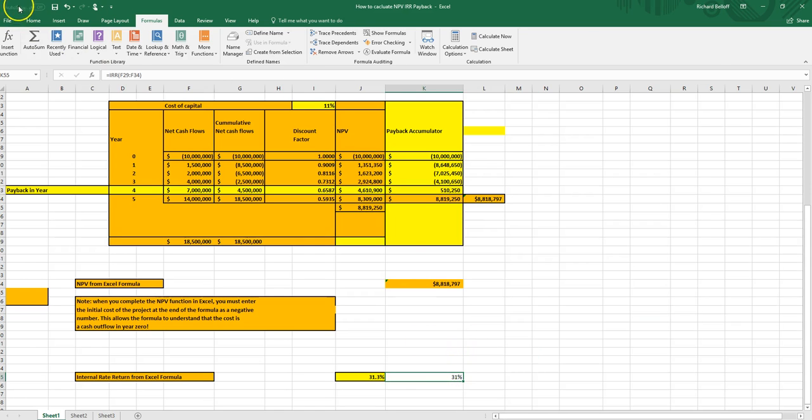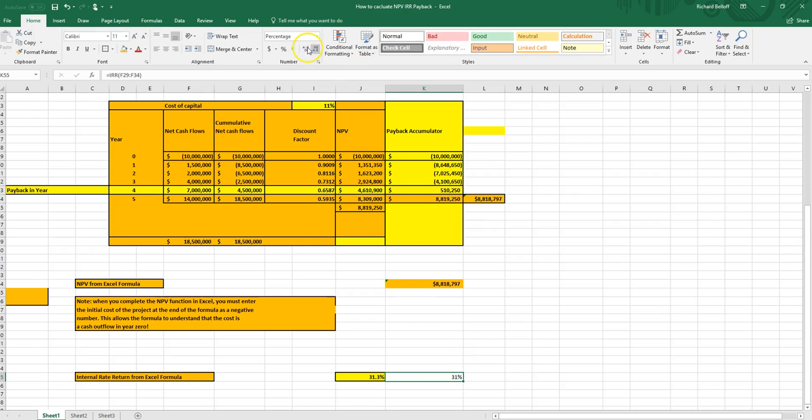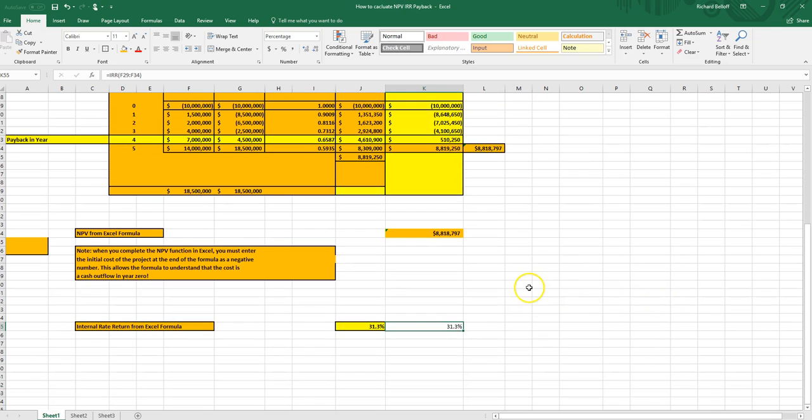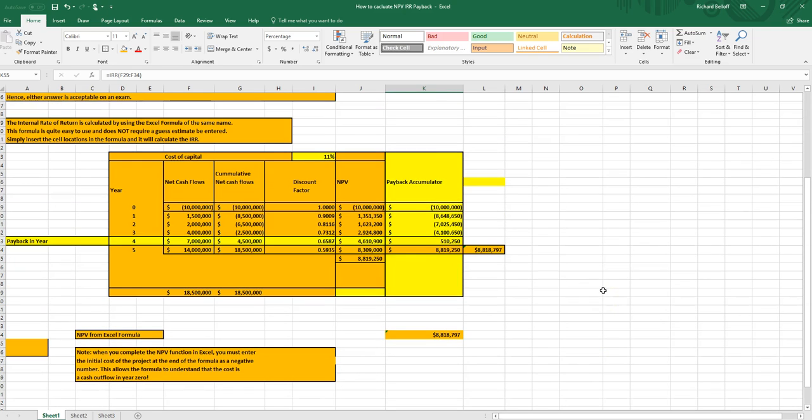You see now, it's not the same because I have not changed the number of decimal places, if you will. So in any event, this is the way that you can use the Excel functions and the table in the book to calculate net present value of a project, the payback in years, and the internal rate of return.